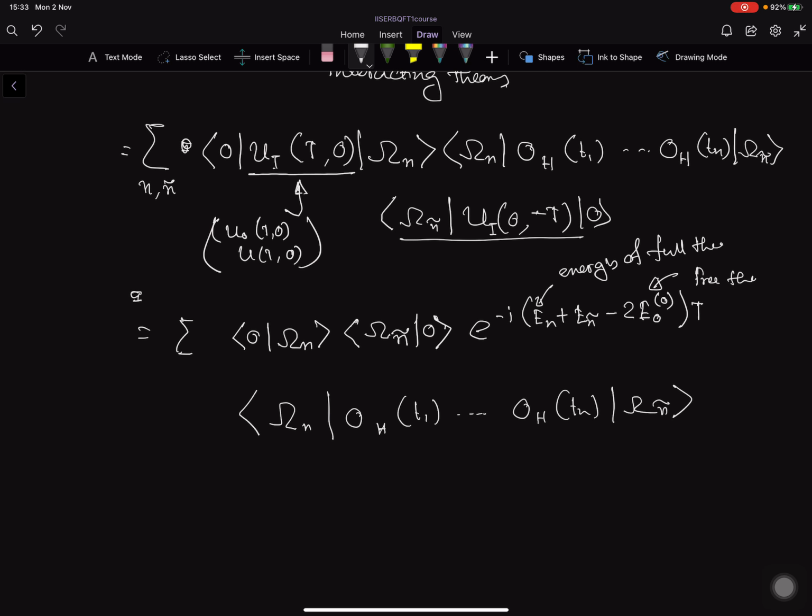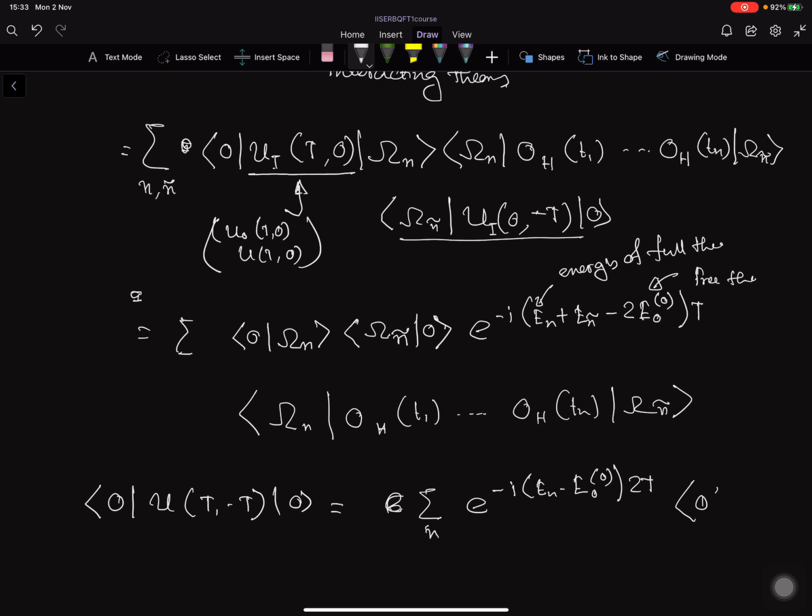So this also means that if we do not insert any operator, then U(t, -t) simply becomes a sum over n of exponential of minus i (E_n minus E_0^0) 2t times |<0|n>| squared.